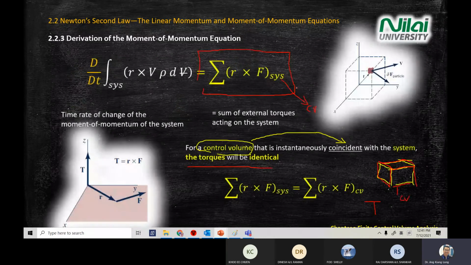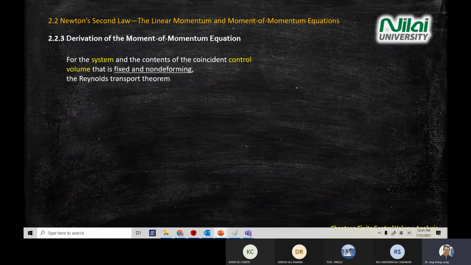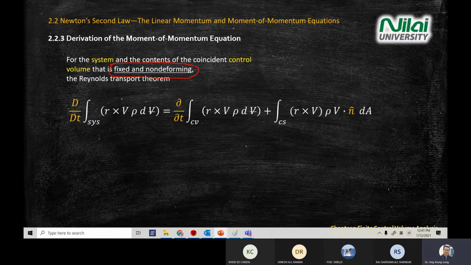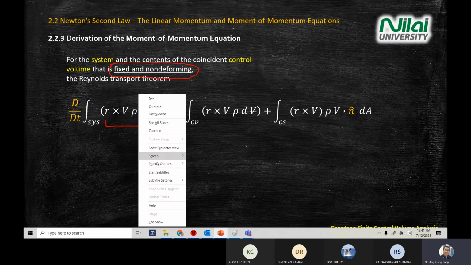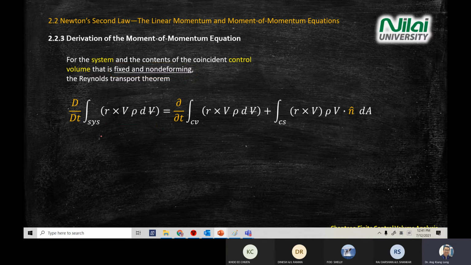Okay, I already explained up to here. Then I'm going to explain one more time. We now look at fixed and non-deforming volume. This gives you this equation. The left hand side is what we covered just now. The right hand side is r cross V rho dVolume. Again, rho times volume gives you mass.